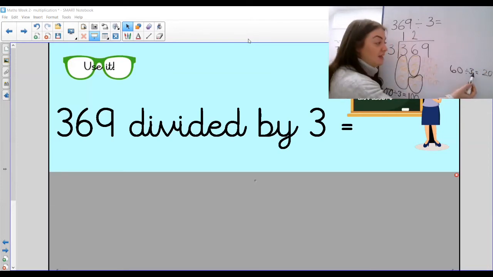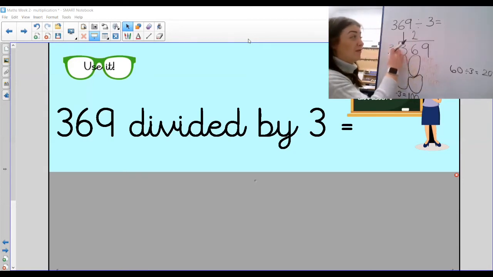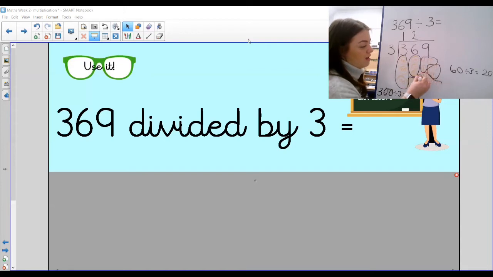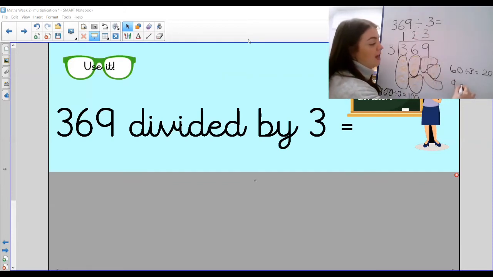Okay, so this is what we're actually doing, but we're simplifying it so that this method is really nice and simple. The final one then, I've got 9 ones. I'm going to see how many groups of 3 I can make. 1, 2, 3, 1, 2, 3, circle them. 1, 2, 3 groups of 3. And that one is in my ones column, so that is simply 9 divided by 3 equals 3.